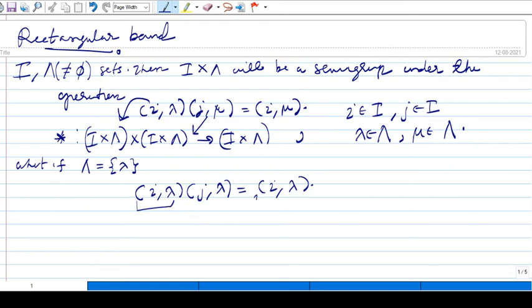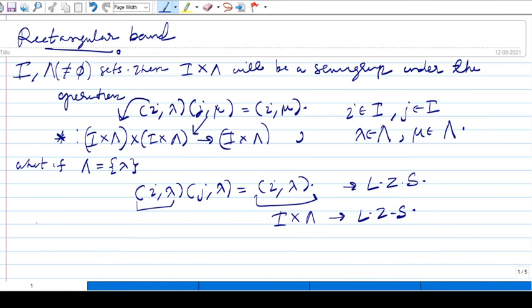You are getting the left element when you multiply. So this defines a left zero semigroup. When Λ is singleton, I × Λ will be a left zero semigroup.